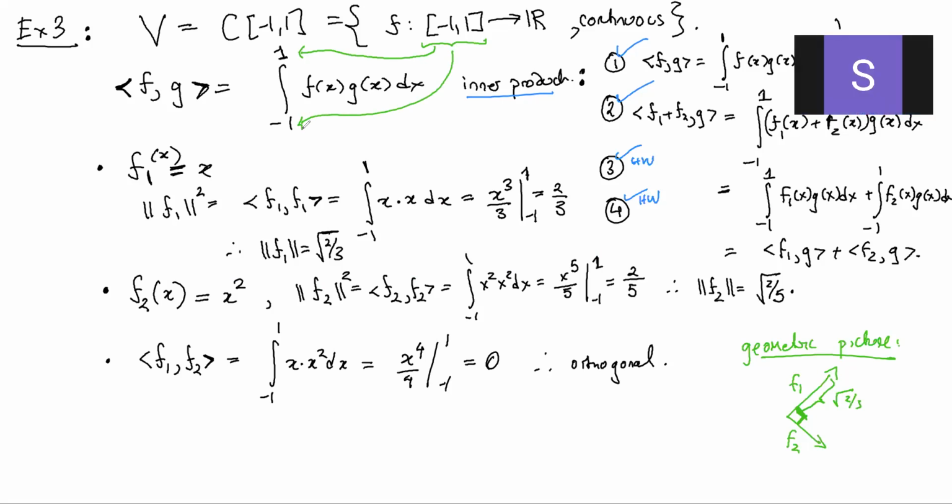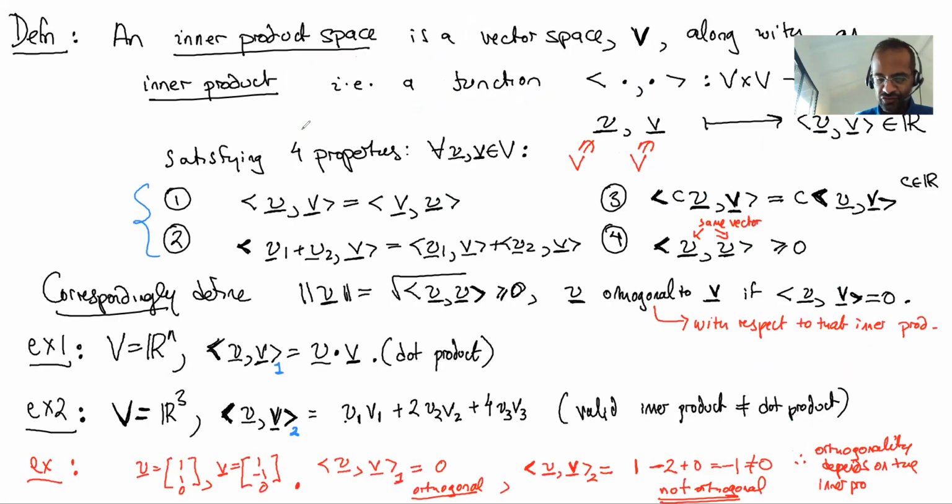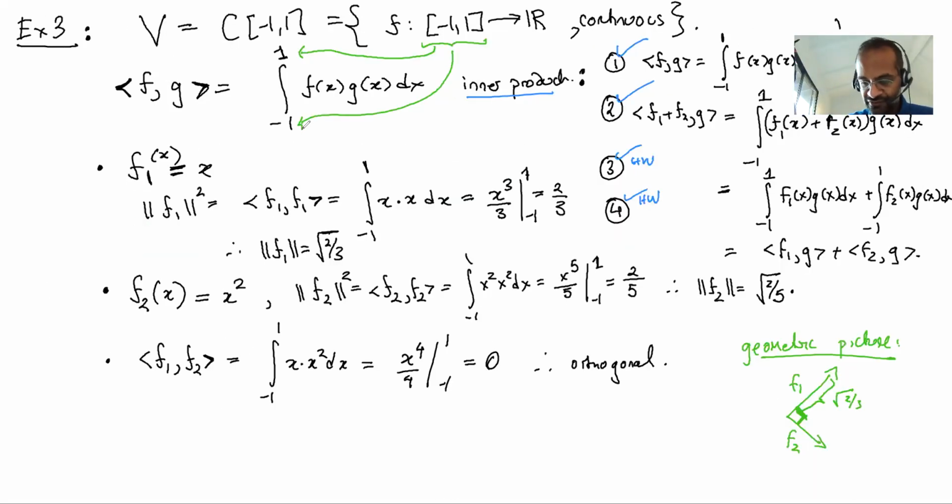Professor, you said that orthogonality depends just on the inner product. Would you be unable to say that f1 and f2 are orthogonal in the vector space V? Does it depend on just the inner product and not the inner product space? Sorry, it depends on the whole inner product space. You couldn't even talk about the inner product without the vector space. So when I say it depends on the inner product, I mean it depends on the vector space and the inner product.